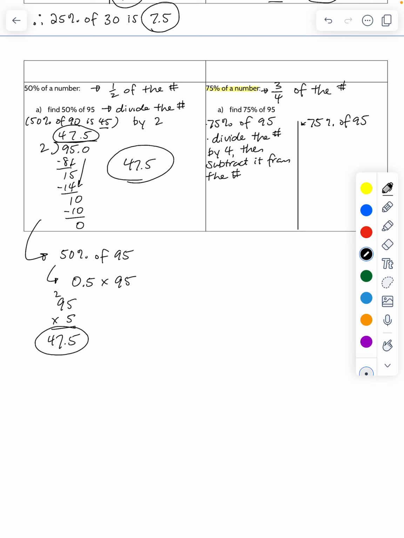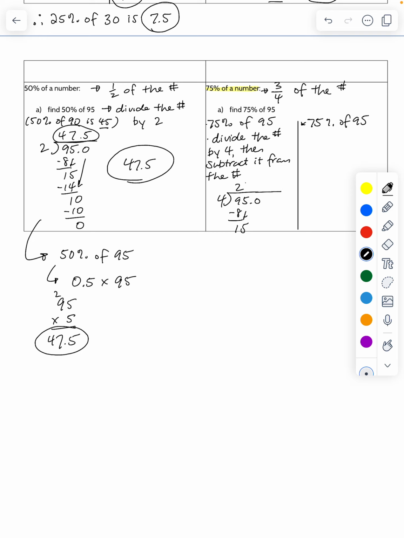75% of 95. So I'm first going to take 1/4 of it. So I'm going to go 95 divided by 4. I know my estimate in my head, 100 divided by 4 is 25, so I'm looking for a number lower than 25. So I'm going to go 2 times 4 is 8. I'm going to add this already.